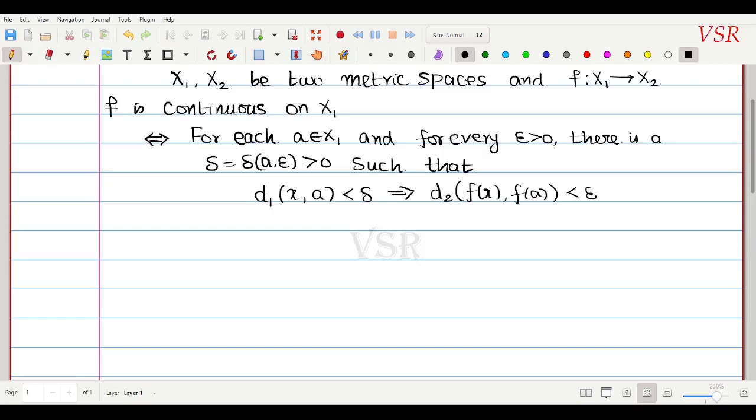So this is my first definition. This is called the epsilon delta definition. Okay, இது பேர் epsilon delta definition.